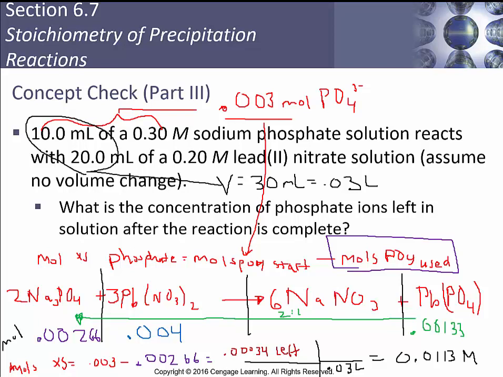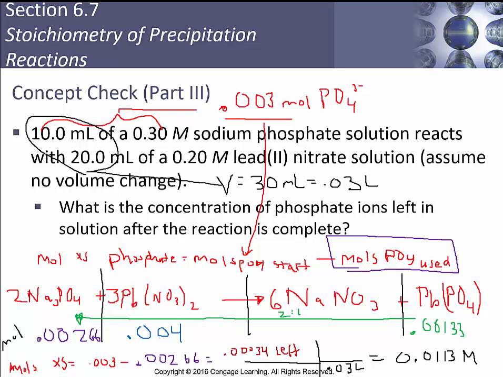We'll figure out how many products we're going to form, which is the smallest amount of products we're going to form. Once we know that, we figure out how much product we've got, what our limiting reactant was. We can figure out how much of our excess was used. If we know how much of our excess was used, we can just subtract to figure out how much is left over. And then if we need to, we can convert that to another unit like concentration or grams.